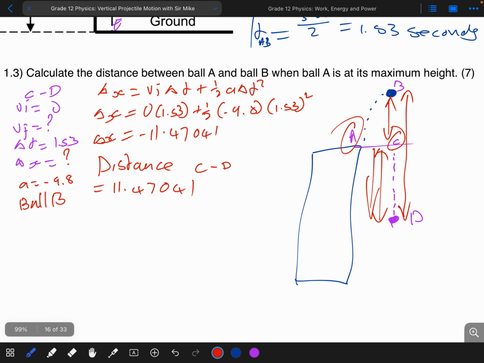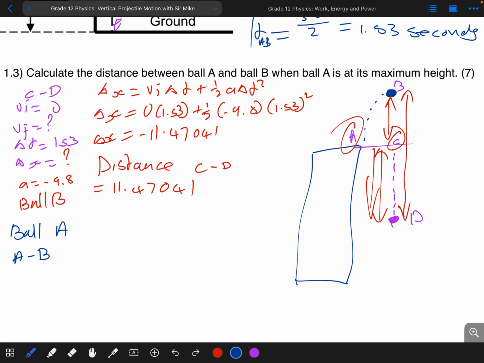So for ball A, taking another color, I'm going to choose between point A and B, because they want to know the distance between these two objects when object A is at its maximum height.